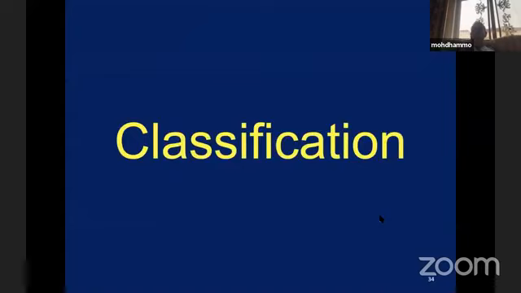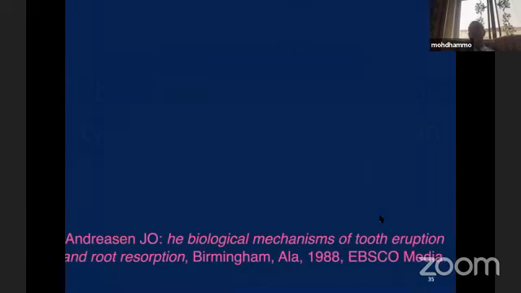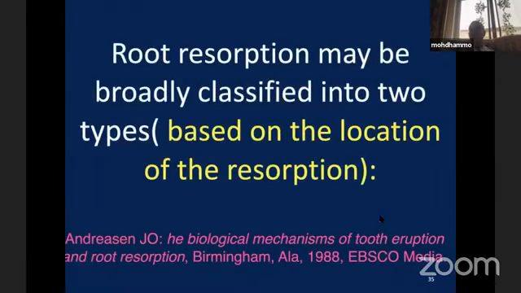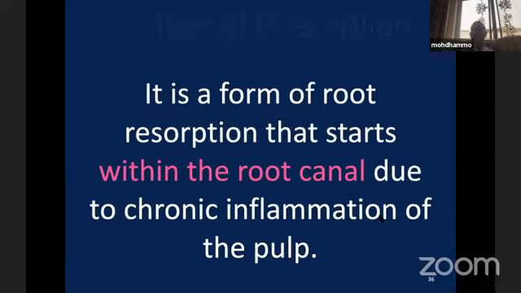And when we talk about resorption, we have to make the classification. The most popular classification is by Andreasen. He classified root resorption according to the location into two types, either internal resorption inside the tooth or external resorption outside the tooth.